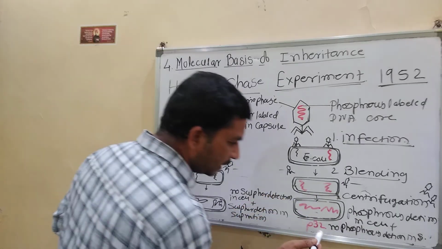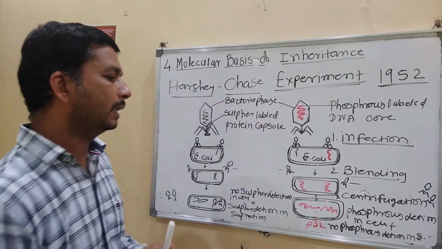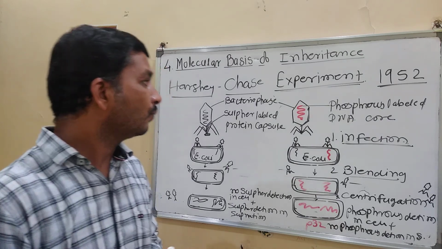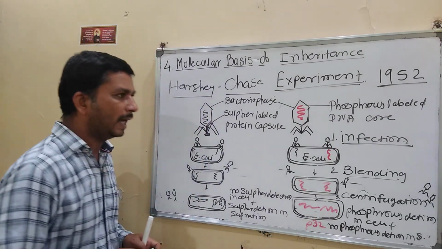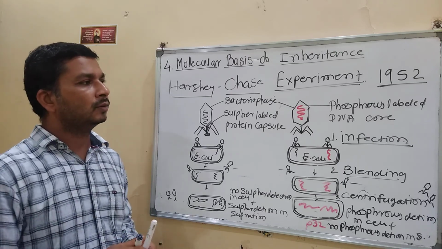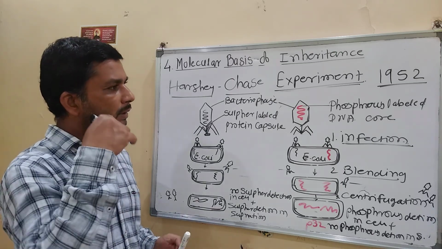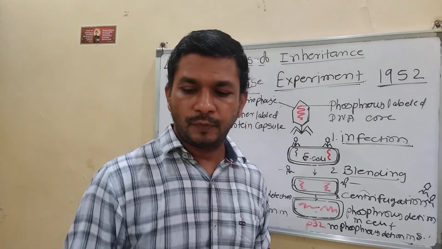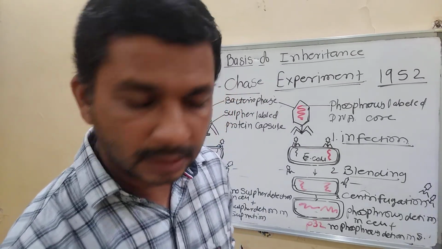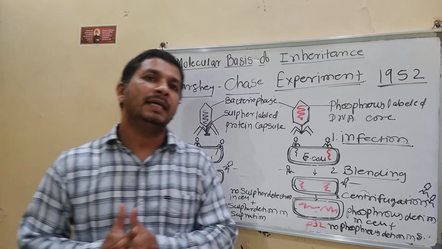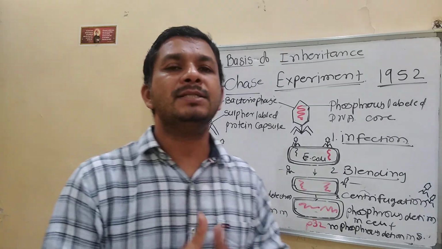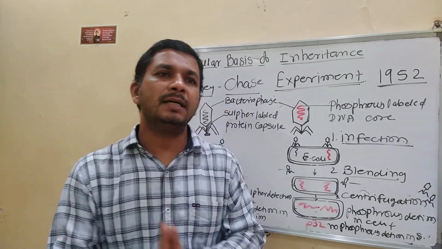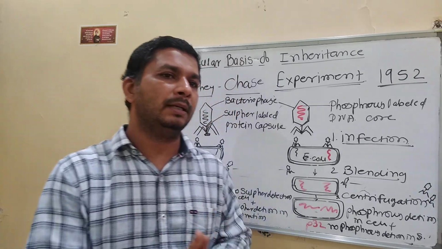On the basis of this, they found DNA is radioactive. So Hershey and Chase concluded that the transfer of character from one generation to another is not by protein; that factor is DNA.